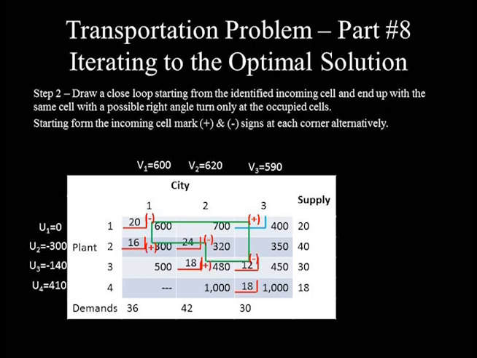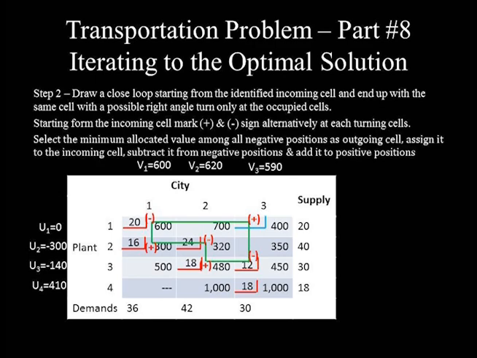At this stage, we have to make sure that all the cells at the turning points are marked with either positive or negative signs. Select the minimum allocated value among all negative positions as the outgoing cell. Assign its value to the incoming cell. Subtract it from all negative positions and add it to all positive positions.